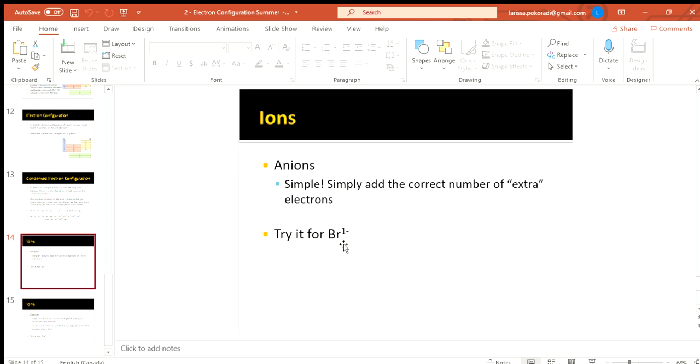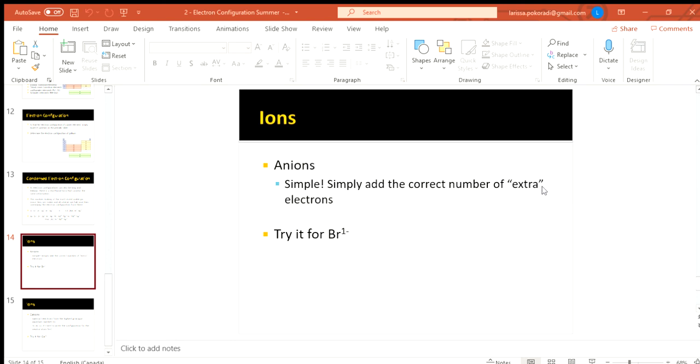So if we're looking at Br1 minus, we know that Br added an electron to try to look like krypton, right? So we're pretty much making an electron configuration as if it were krypton. If you ever do your own research, it's called isoelectronic. So it has the same electron configuration as something else.